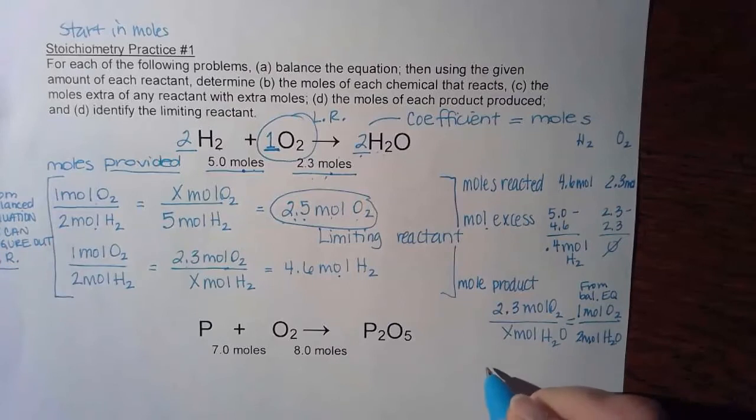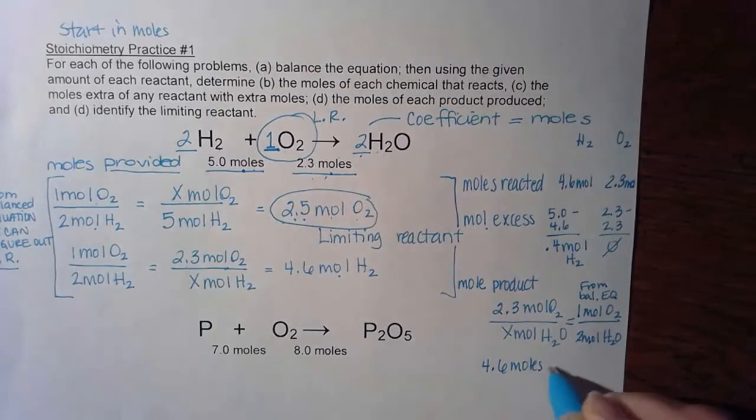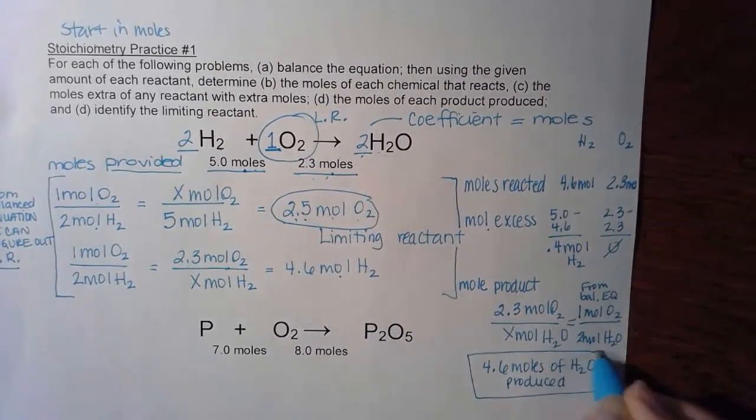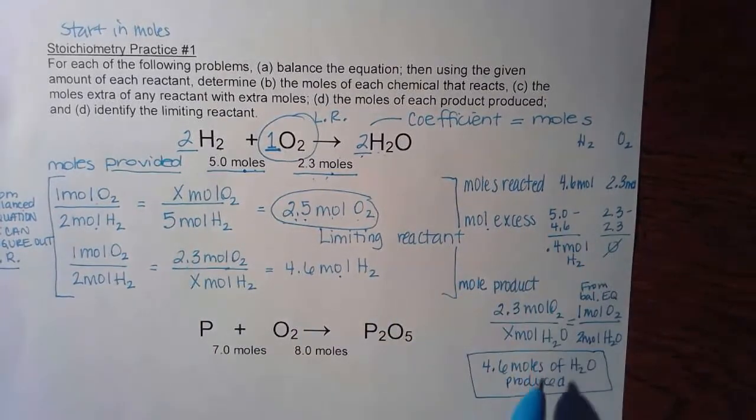So when you cross multiply and divide, you have 4.6 moles of H2O, or water, that's produced. Always box in your final answer, because you can see how all this work comes down to the final answer of 4.6 moles.